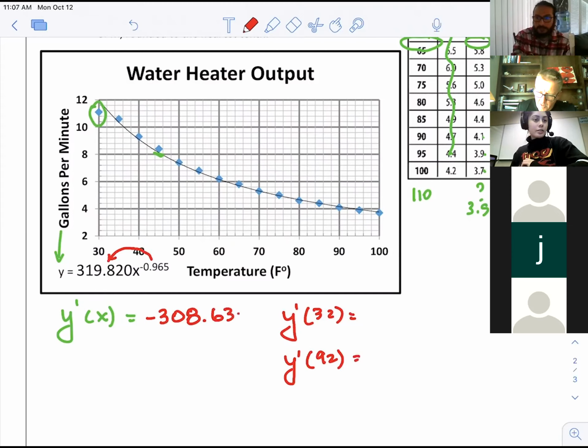Subtract 1, and that'd be really easy to screw up here. Negative 0.965 minus 1 is negative 1.965, so now you'd have negative 1.965 for its exponent. There's your slope finder, your slope recipe. Now you can throw 32 and 92 in there. And the question is, do you know what you just found?